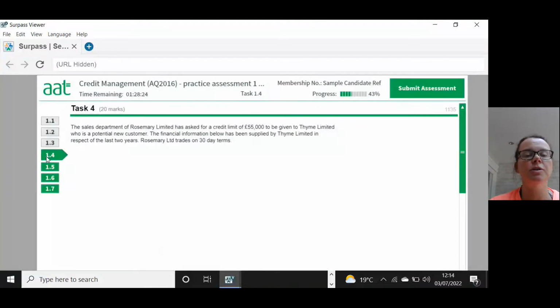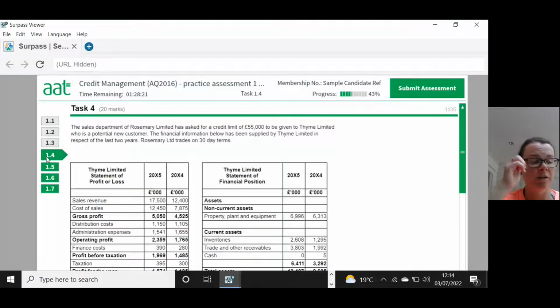Right, we then come to task 4. So another one around knowledge of your ratios. So very time consuming, but I don't think particularly difficult. So the sales department of Rosemary Limited has asked for a credit limit of £55,000 to be given to Time Limited, who is a potential new customer.